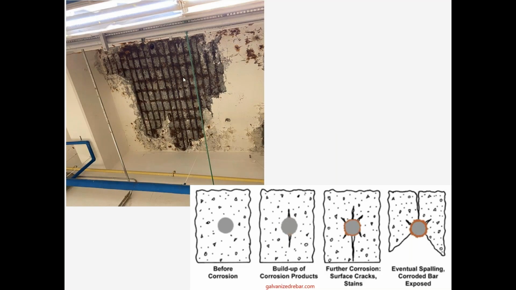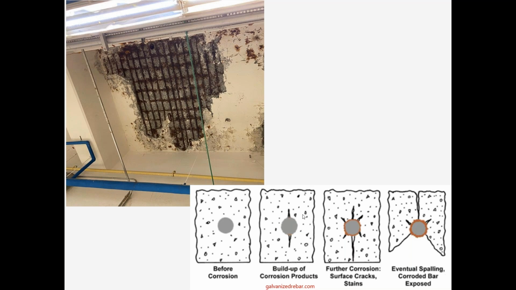Another similar picture here, we can see a big spall on the underside of an elevated slab. So what happens here when you've got a lot of reinforcing steel, it's all corroding, and it's all at the same elevation. Chris had mentioned that as the steel corrodes, it expands in volume.